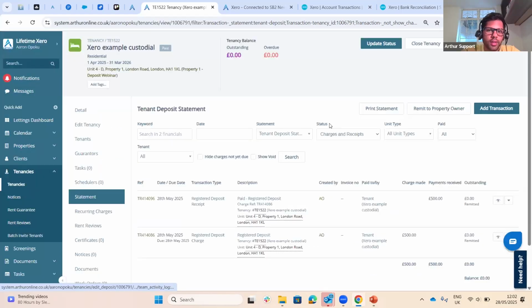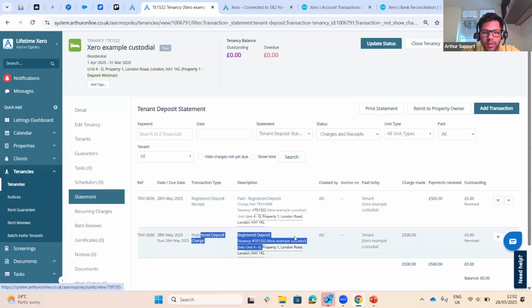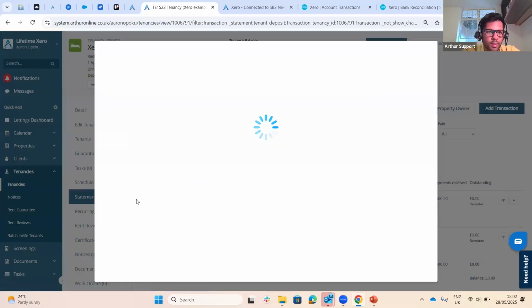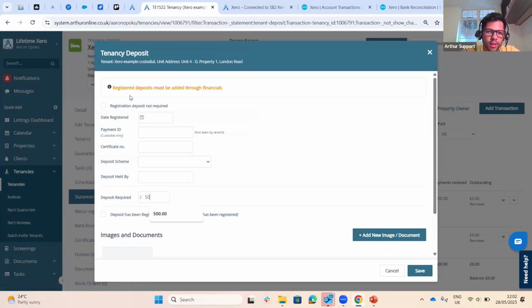You wouldn't create a new deposit charge in the new tenancy because then you're duplicating that £500 liability when that money is already held by you or by the custodial scheme. So in the new tenancy, don't physically add the registered deposit charge. Instead, from the more drop down, just add the deposit amount in here, 500 in the new tenancy, and press save.